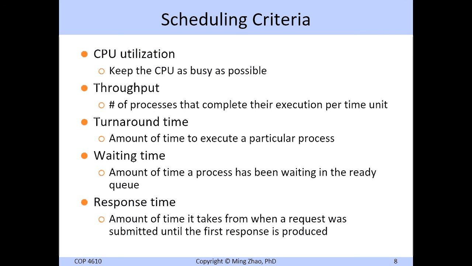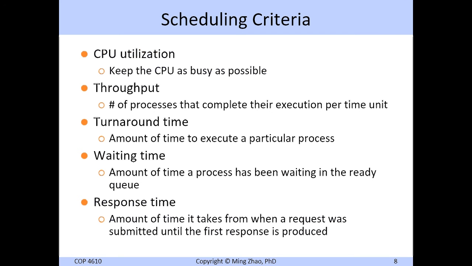We're looking at every 1 second, for example, how many processes complete their execution. They are closely related. Obviously, if we want to maximize the throughput, then we must also maximize the CPU utilization. But they are looking at the problem from two different perspectives. Both metrics are looking at the problem from the system perspective, at the overall performance of the whole system. CPU utilization is looking at the overall performance of the entire CPU, while throughput is looking at the overall system performance from all the processes in the system.